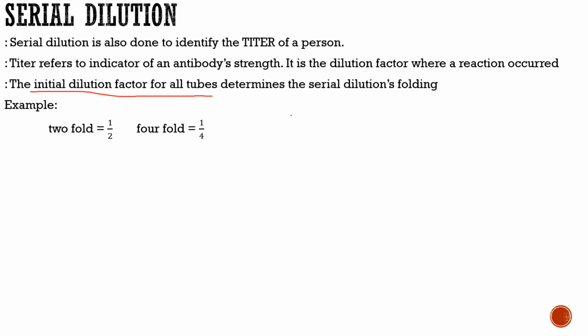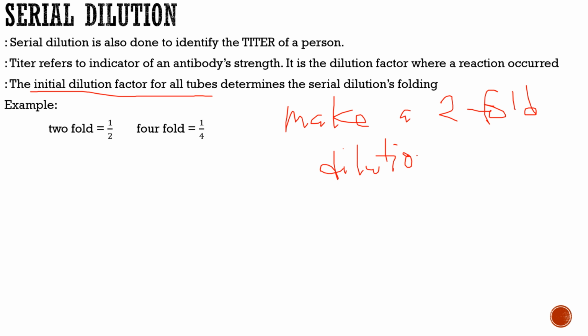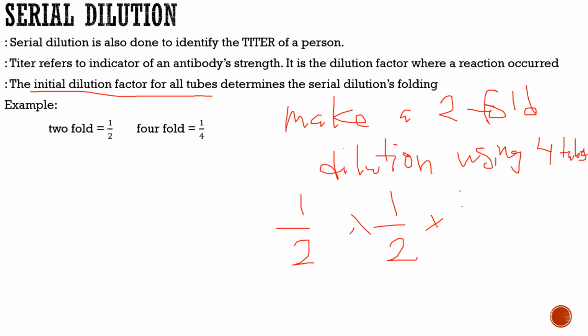Meaning, class, kapag sinabi mong make a 2-fold dilution using 4 tubes. Yung 4 tubes na yun will have a 1 is to 2, 1 is to 2, 1 is to 2 dilution.